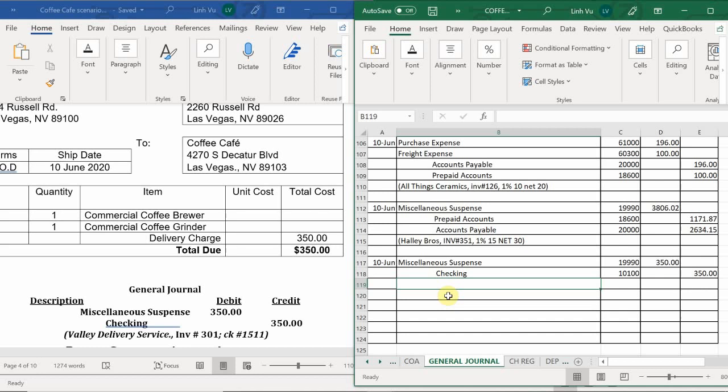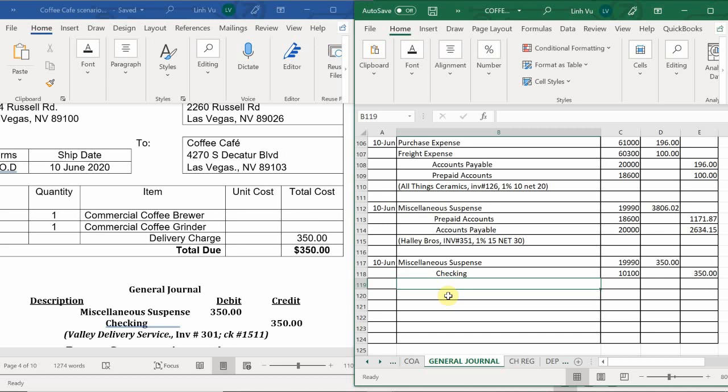You have to include the cost of shipping because that's how you get it ready for service, it got delivered to your store. So we're dealing with fixed assets, not inventory. Freight expense is strictly only for inventory. So there you go. Miscellaneous expense.